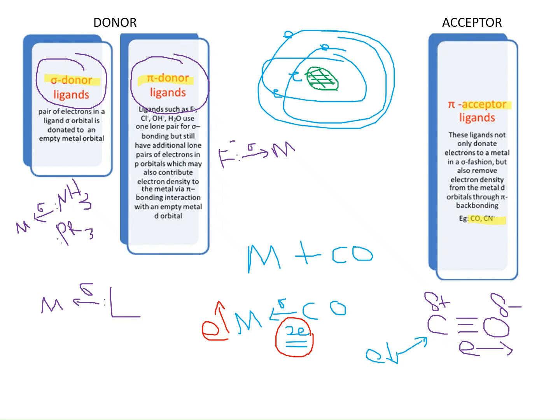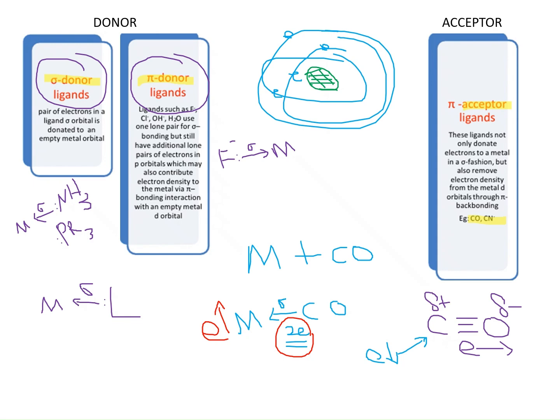Although initially a few electrons are already occupying the d orbital of the metal before carbon donates its electrons, that electron-electron repulsion is already there. However, accepting another 2 electrons from the carbon adds more to the electron-electron repulsion.